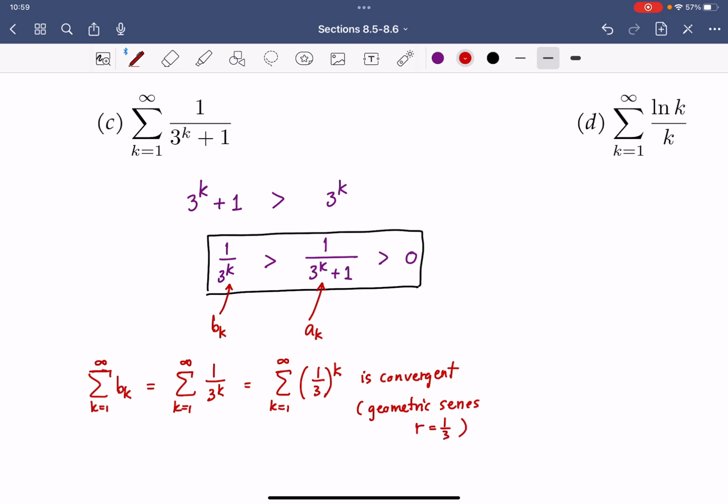That means this series is convergent, and you know that the upper bound is convergent, which means the series that you want, the summation of 1 over 3 to the k plus 1, must be convergent as well, by the comparison test.